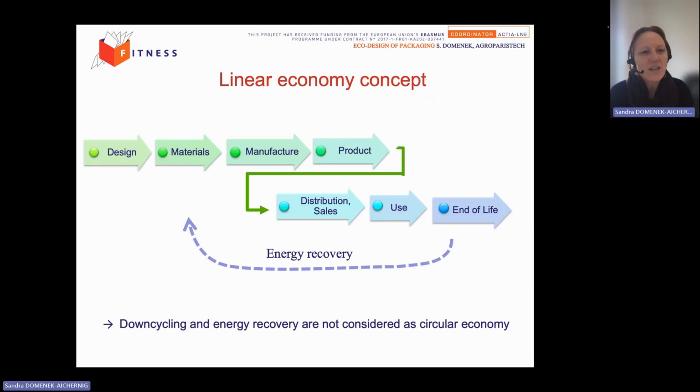And also downcycling, very, very harsh downcycling, I would say, is not considered as a circular economy. So when you have at the end of your incinerators the remainders of the incinerators, and you use this under your roads, you cannot call this a recycling process, okay? So with all these actions, one is still in a linear economy concept.